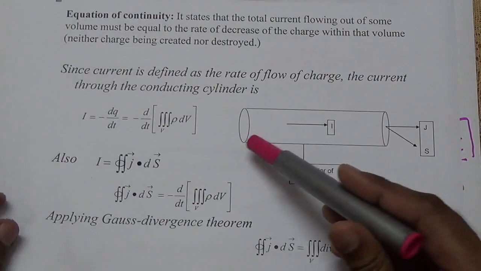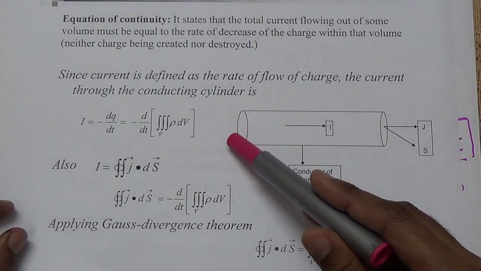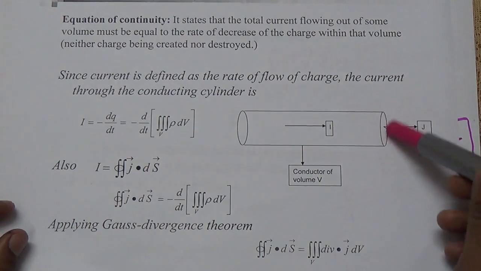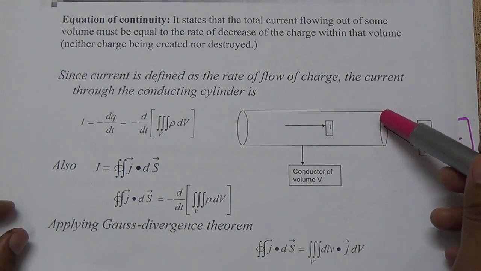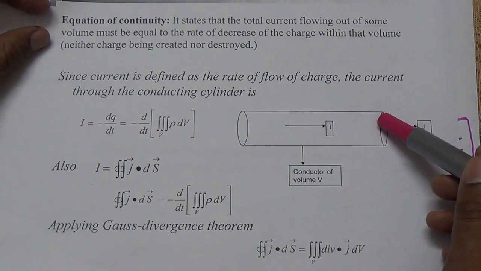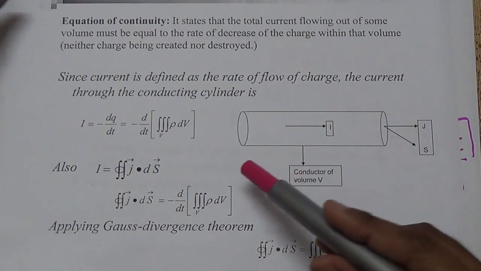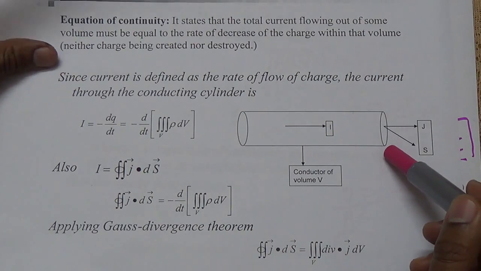It means the total current which enters at this particular end will be equal to the amount of current coming out from the other end. So the total current remains the same.